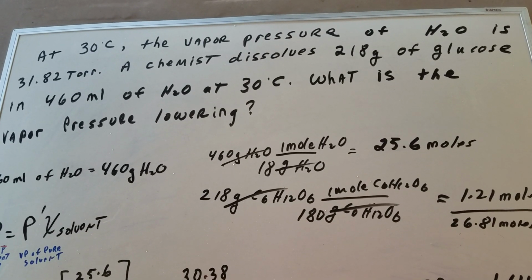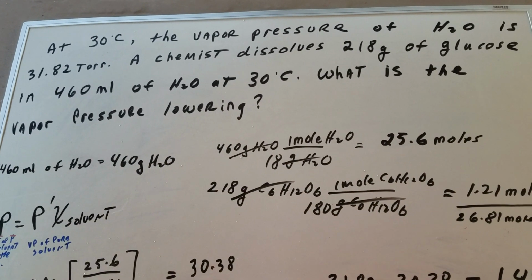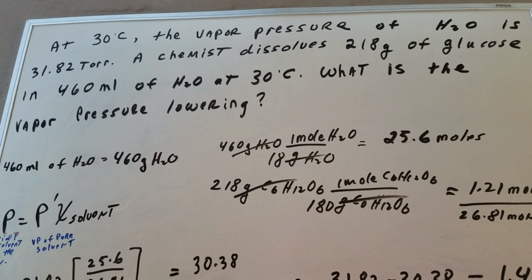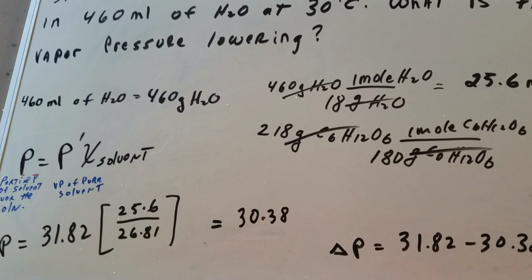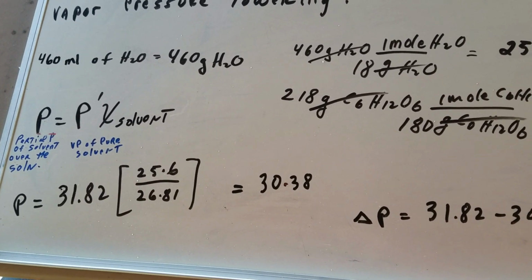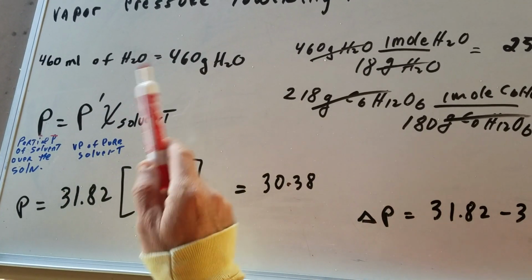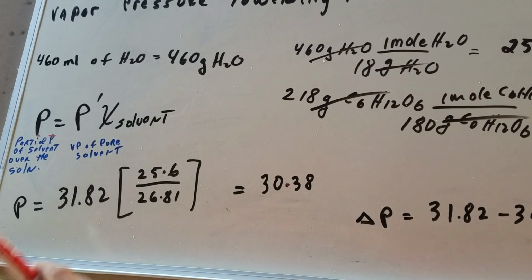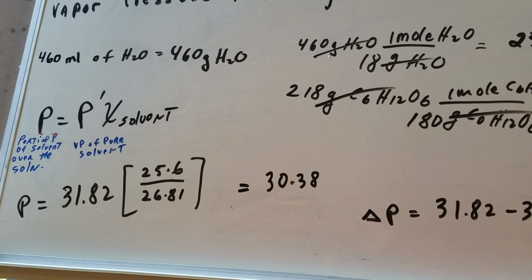Now, I'm going to take 460 mLs of water and realize that since the density of water is equal to 1, multiplying the density by the volume will give you the grams. But you don't need to do all that, because the milliliters of water and the grams of water are the same thing since the density is 1. So 460 milliliters of water is 460 grams of water.